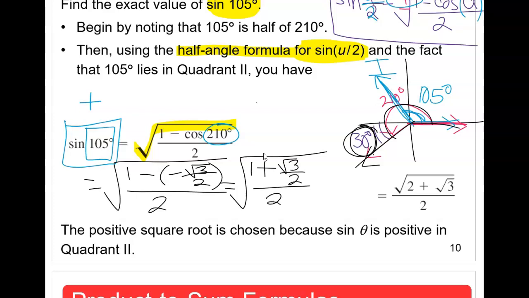So what we're going to do next is add the 1 to the square root of 3 over 2. The 1 in terms of halves, it is 2 over 2 plus the square root of 3 over 2. Now that they both have the same denominator, as you can see here, 2 and 2, we could put them both under one fraction.